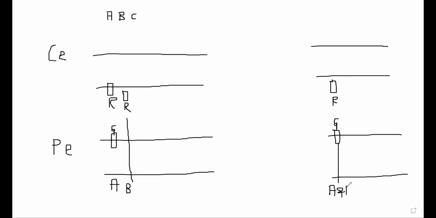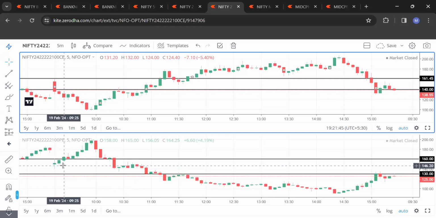Then you need not wait for a B candle to happen. This candle is performing the role of both A and B. Now let's see whether that happened. This is the first green candle that closed above, and this is an A and B candle. So now this is A, this is B. You have to do nothing.